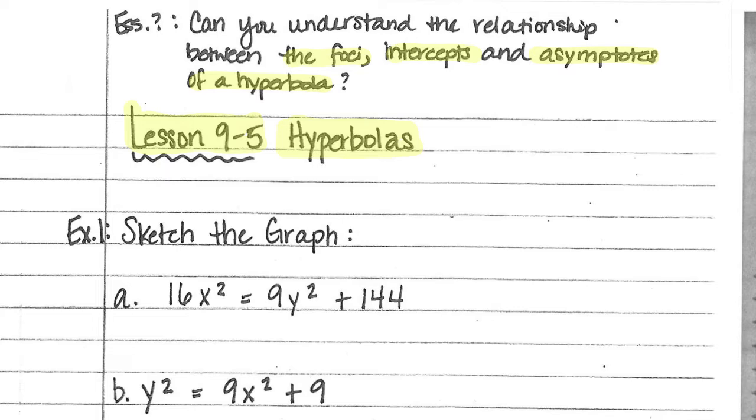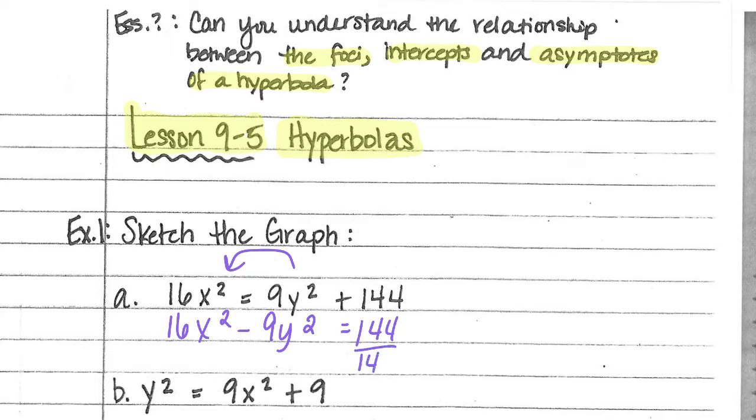And just like ellipses, they look very similar to ellipses. We need this y to be over here by subtracting. So I have 16x squared minus 9y squared equals 144. And like ellipses, everything needs to be equal to 1.